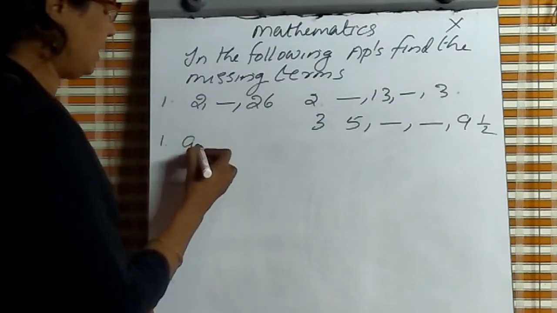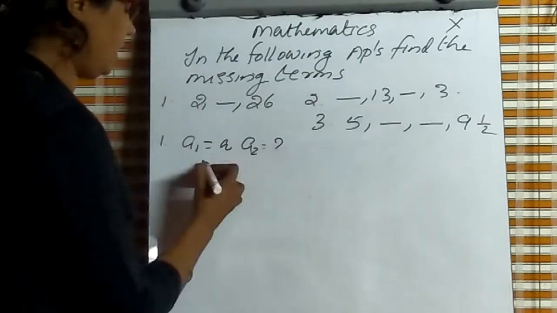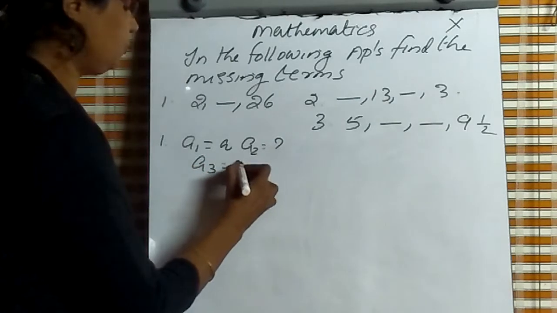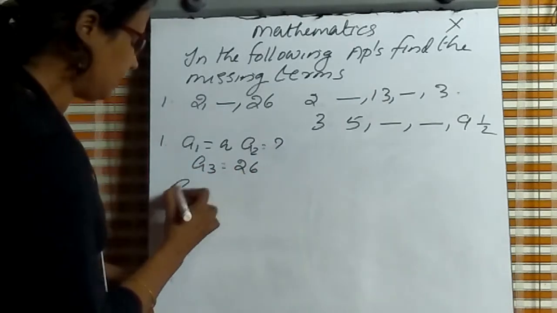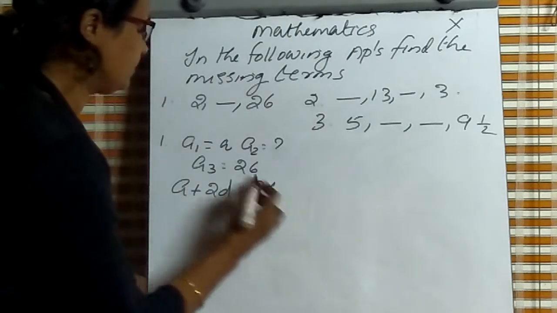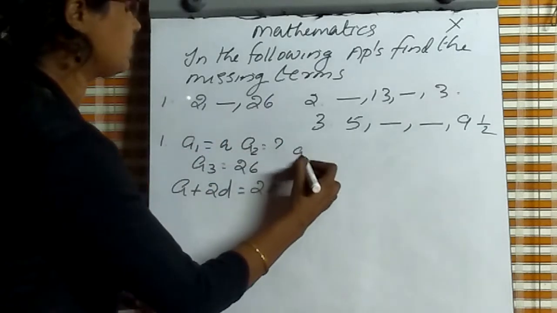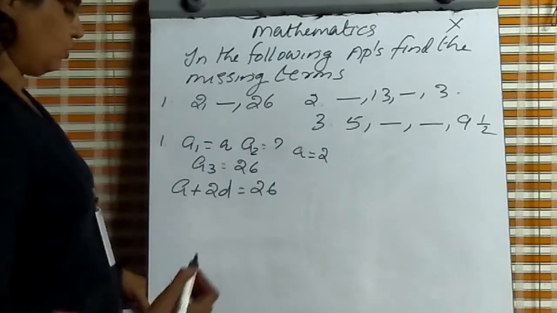First term A1 is equal to A, A2 is a question mark, and A3 is equal to 26. What is A3? A3 means A plus 2D is equal to 26. The first term is given, A is equal to 2.